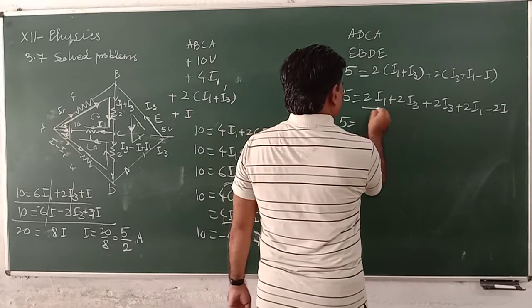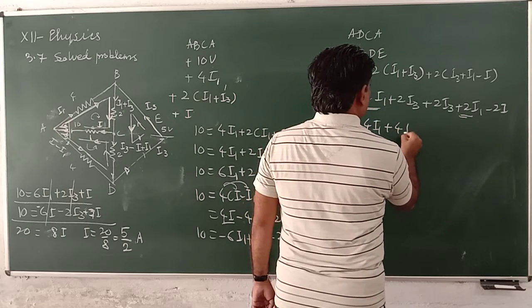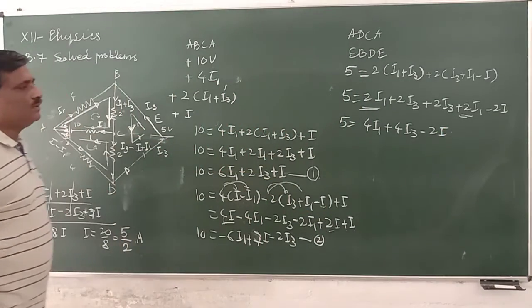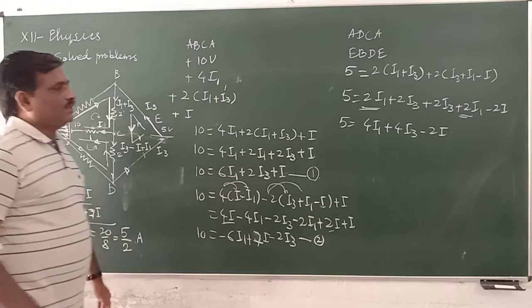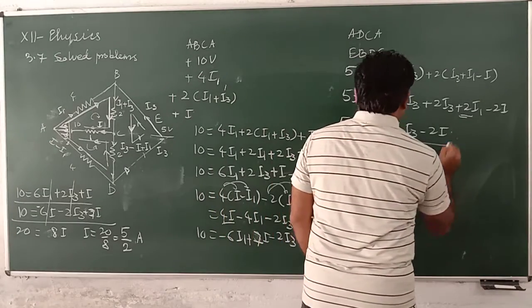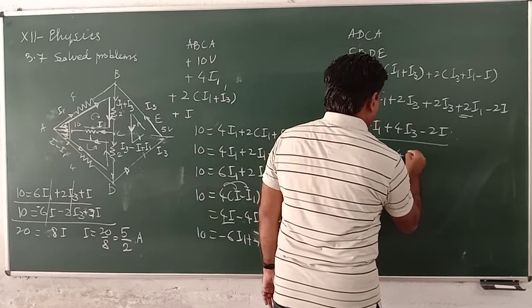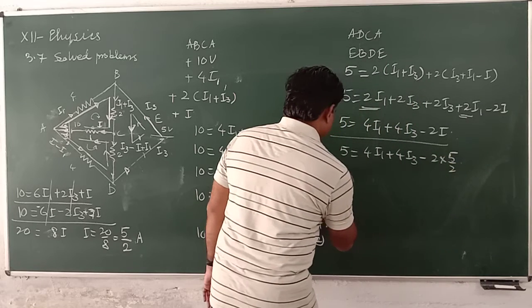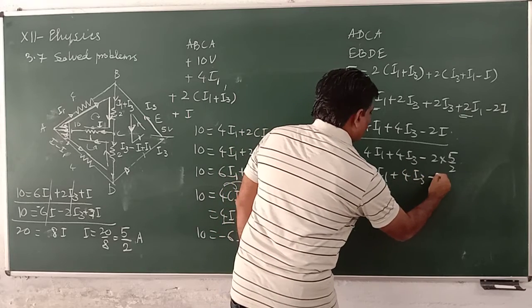We get it as 4I1 plus 4I3 minus 2I, which is equal to this one. Now there are three equations, 1, 2 and this 3, and there are three variables. We got it here, so 4I1 plus 4I3 minus 5 by 2, so it becomes 4I1 plus 4I3 minus 5.